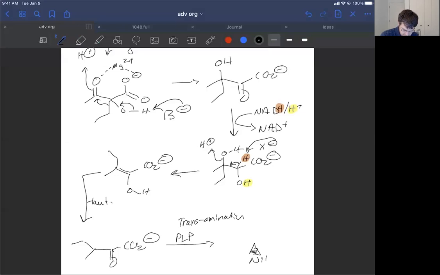Now, one thing I want to look at really quick that I missed in my initial reading was, well, they don't discuss it. I'm interested in how that stereocenter forms.